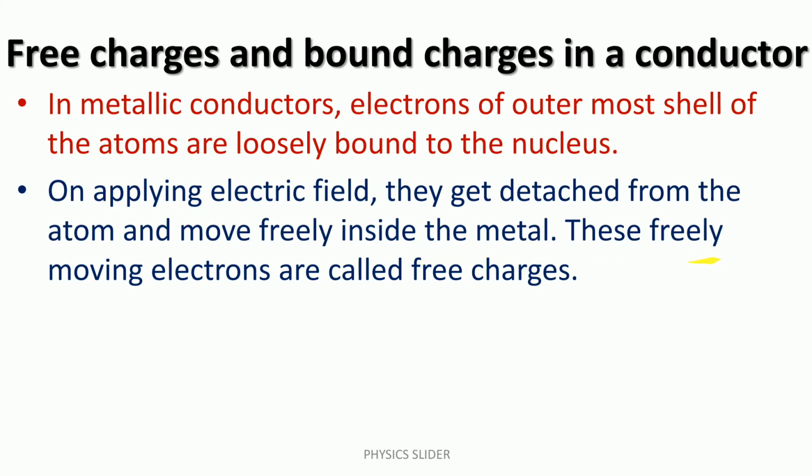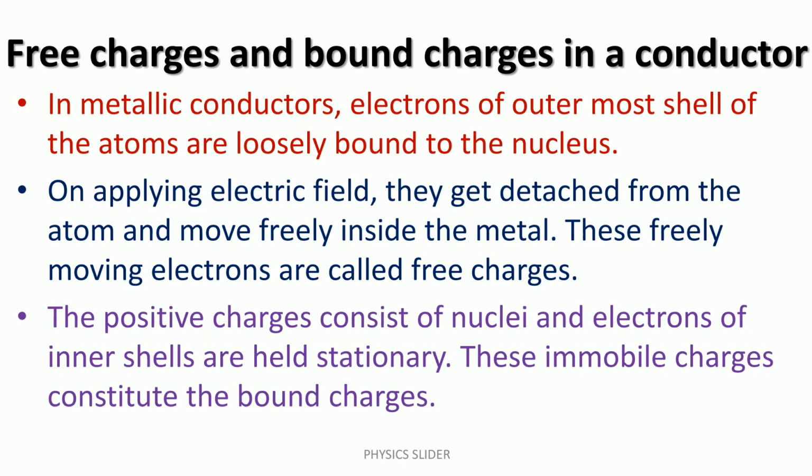These free moving electrons are called free charges. The positive charges consisting of nuclei and electrons of inner shells are held stationary. These immobile charges constitute the bound charges. So immobile charges are the charges of shells other than the outermost shell, which are nearby the positive charge of the nuclei.